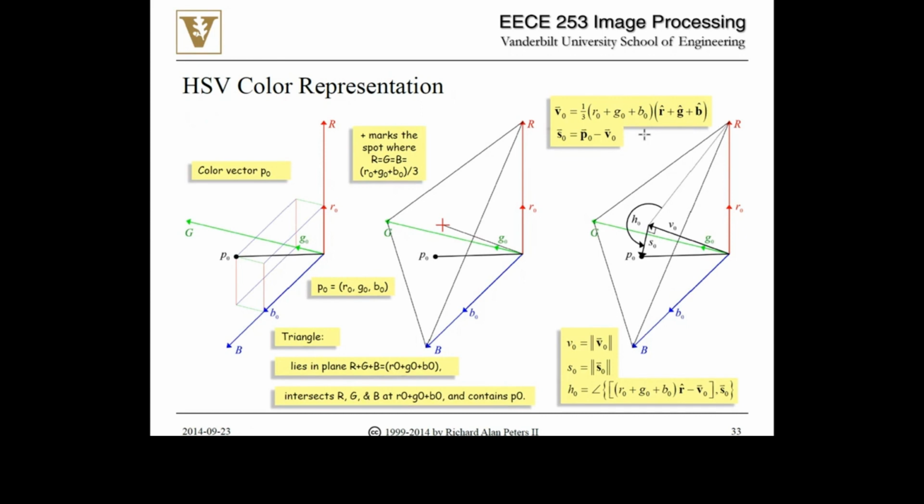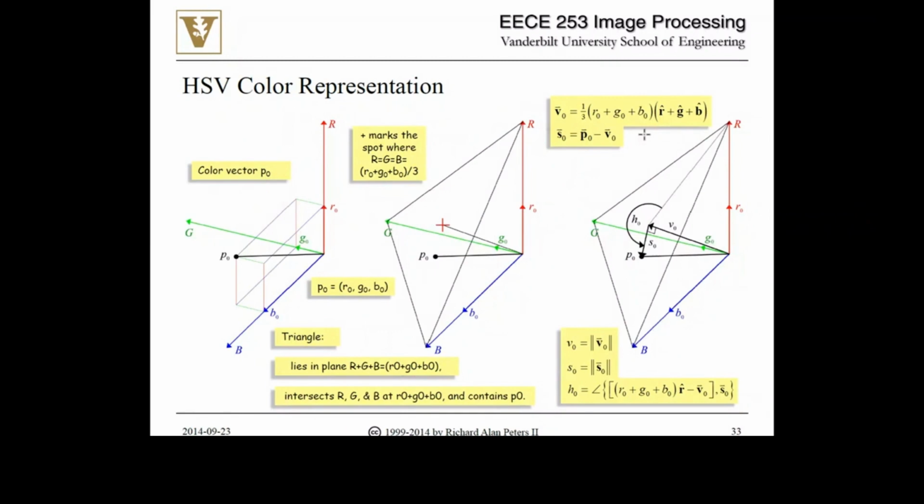We measure the distance between P0 and the center, and the angle between this vector that goes from the gray point to the most red point of the plane, and the most red point of the plane is the intersection of that plane with the R axis.